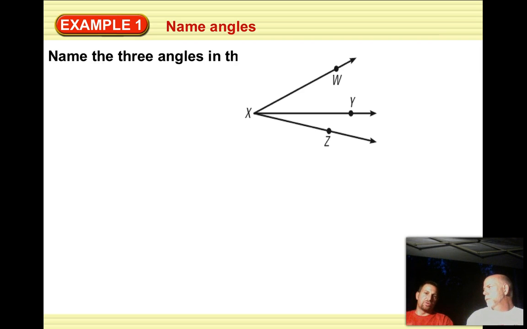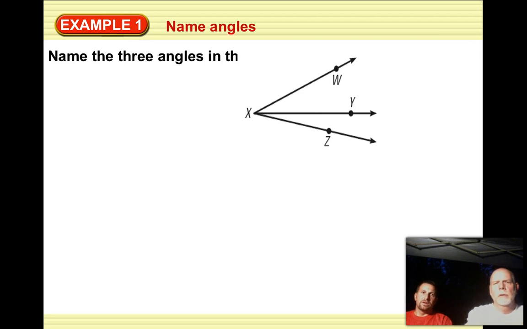I see 3 angles: WXY on top, YXZ on the bottom, and then angle WXZ all the way through, the big one. We cannot call this angle X, because my question would be, which one are you talking about? Just be careful that you understand the dynamics of naming an angle and when you can use a single letter or when you have to use all 3.